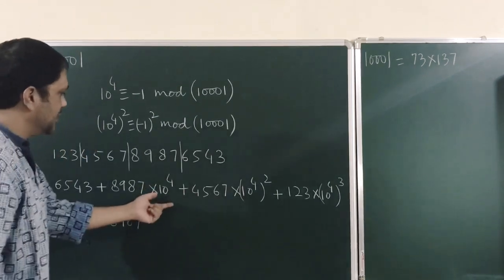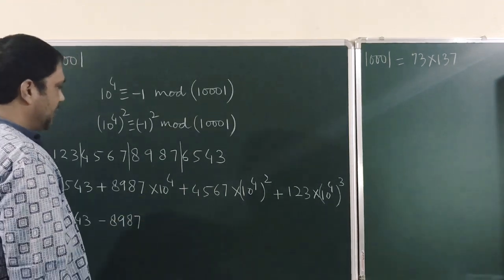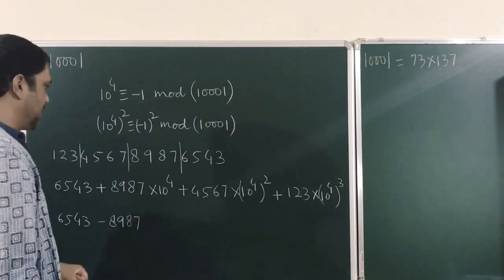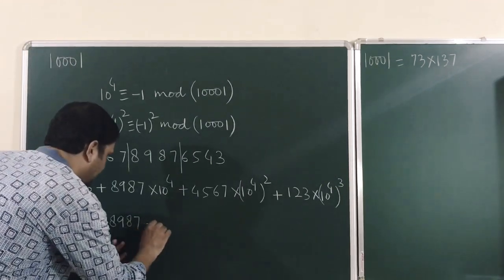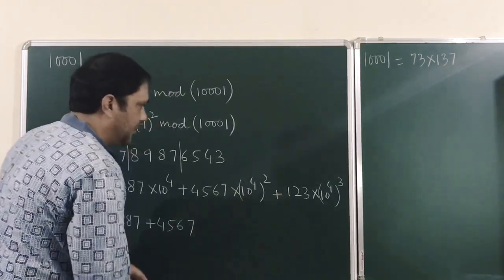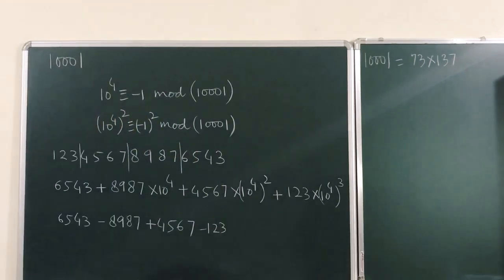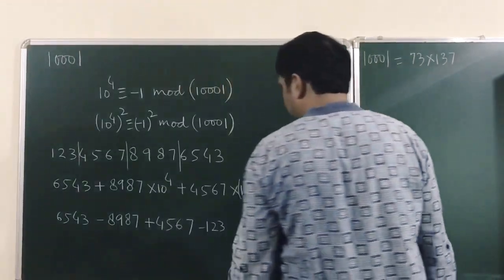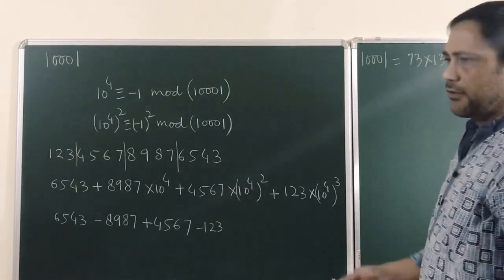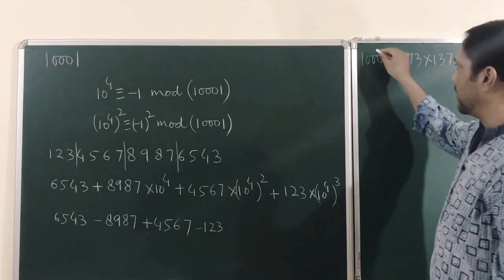When we go for 10 raised to the power 4 whole square, we'll get minus 1 squared, that is plus 1, so we get 4567. And again you will get minus 123. So you find the net sum of that, and if the sum is divisible by 10001, we can confirm the divisibility. And whatever applications are asked in the various problems, we can use those.